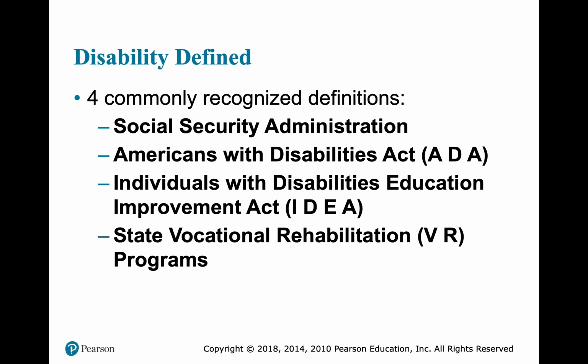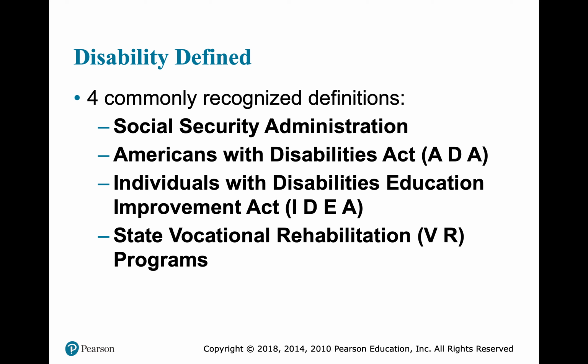So we've got the impairment and then the major life activity being disrupted. That could be caring for oneself, performing manual tasks, seeing, hearing, speaking, breathing, walking, working, sitting, standing, lifting, reaching. So lots going on there.